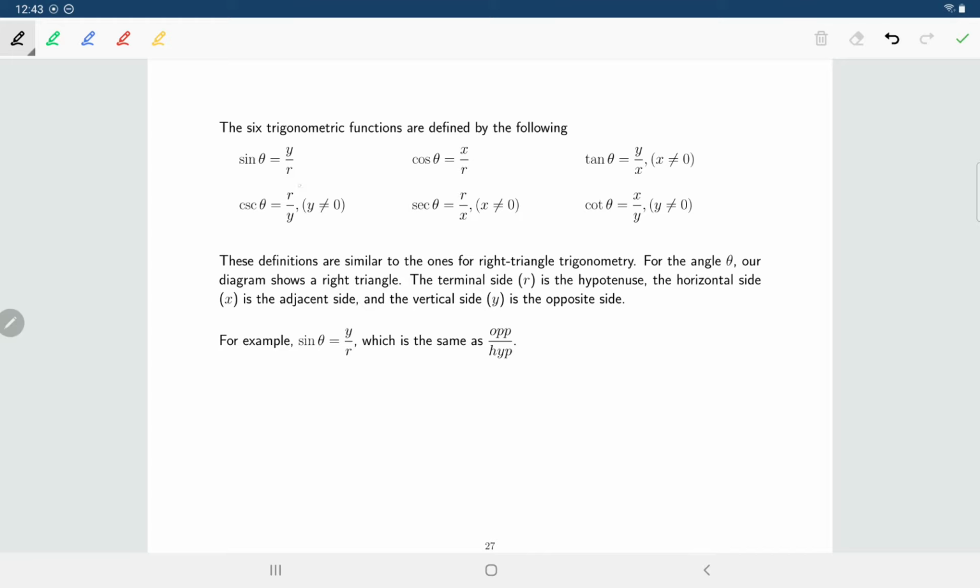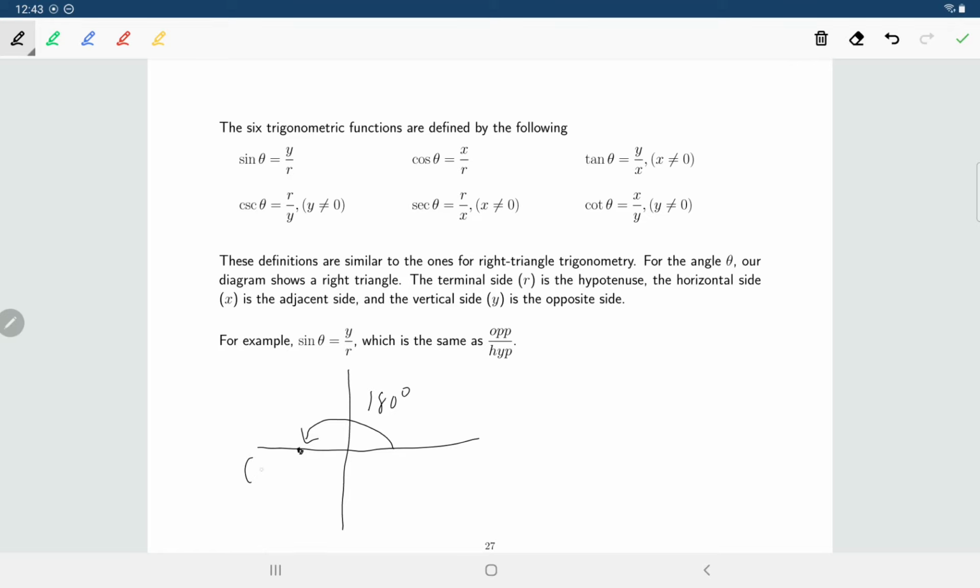So that means something like cosecant, which is the reciprocal of sine, would turn out to be undefined anytime y is 0. So, for example, if we were talking about 180 degrees, then the x-coordinate would have some sort of negative value to it.